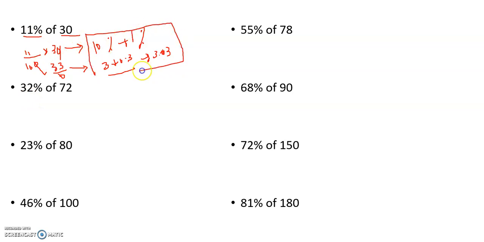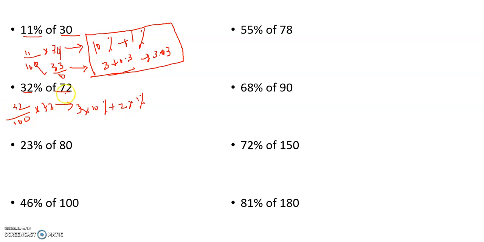So to find 32% of 72, no need to write 32 by 100 into 72. You can just write 3 into 10% plus 2 into 1%.